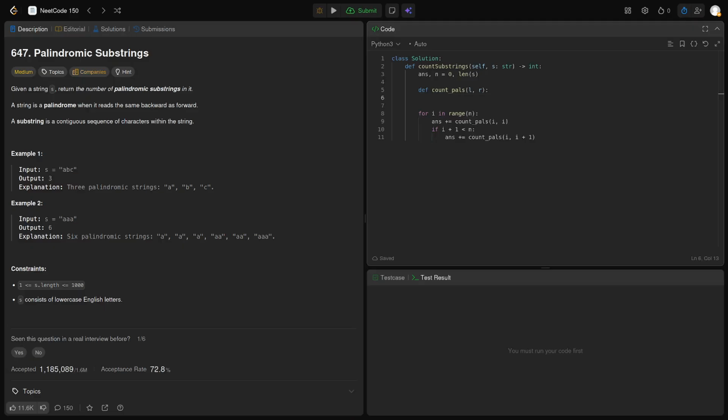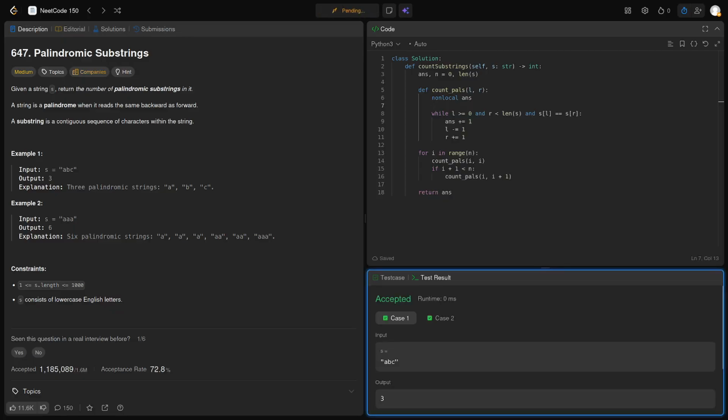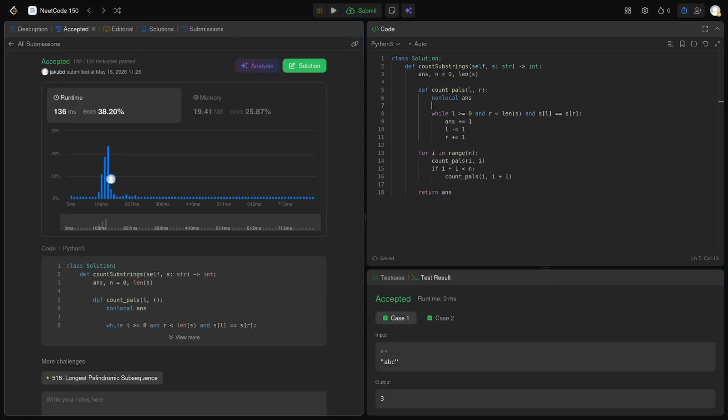Okay, and now while s[l] equals s[r]. So basically we just expand from each position or each adjacent pair of positions. So we'll say that ans is not defined, so nonlocal ans. It should work. Okay, so runtime 136. It's not that efficient.